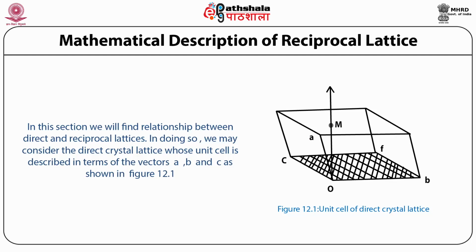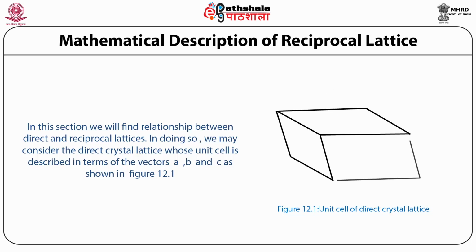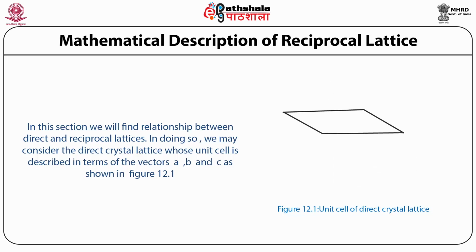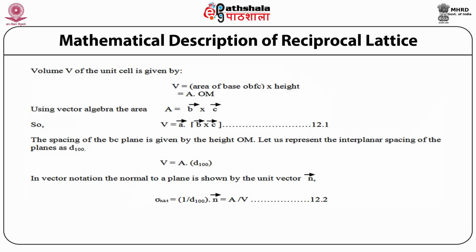In doing so, we may consider the direct crystal lattice, whose unit cell is described in terms of the vectors a, b, and c as shown in figure 12.1. The volume V of the unit cell is given by V equal to the area of the base OBFC into the height, which comes out to be A into OM.